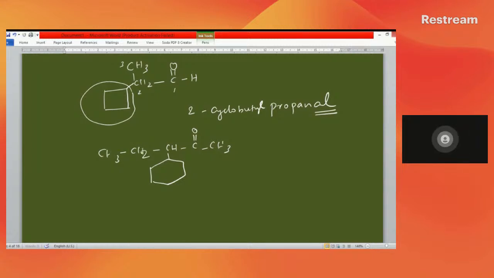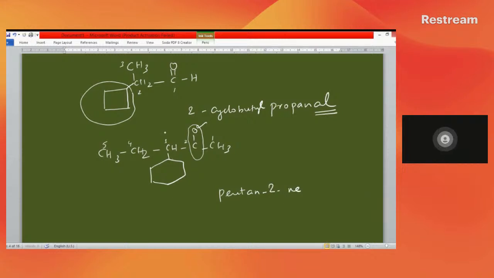The way to count is 1, 2, 3, 4, 5 carbons. So it must be called pentane, as it has this ketone function at the second position. It is called pentan-2-one, 2-pentanone.